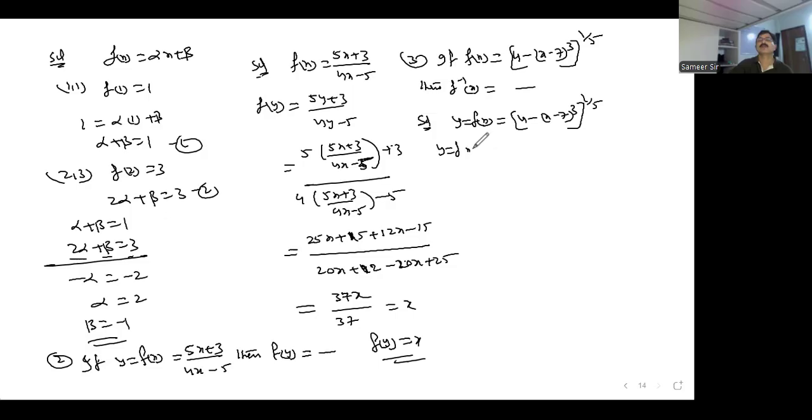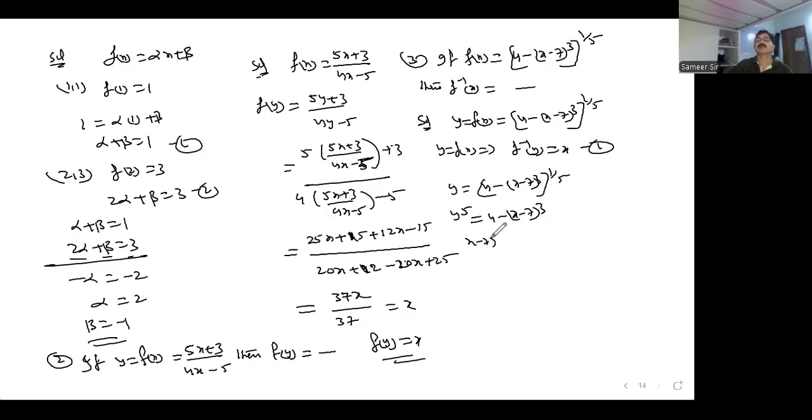y is equal to f of x means f inverse y is equal to x. y is equal to 4 minus (x minus 7) whole cube. Everything I want to change in terms of y to the power of 5: 4 minus (x minus 7) whole cube.